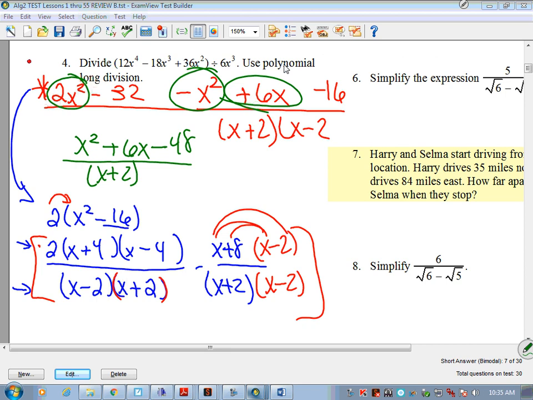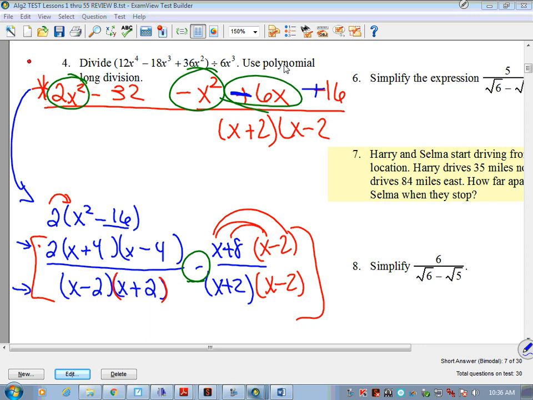Ooh, hold on a second. We forgot something that would commonly be forgotten. Because this negative right here needs to be distributed to everything. Okay, so we're going to erase this. Okay, I know that frustrates you guys. But this is actually a negative, and this is actually a positive.